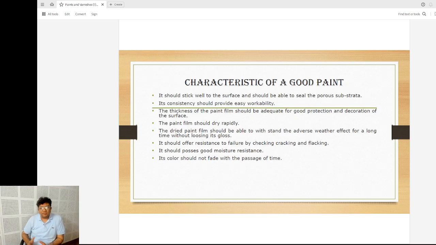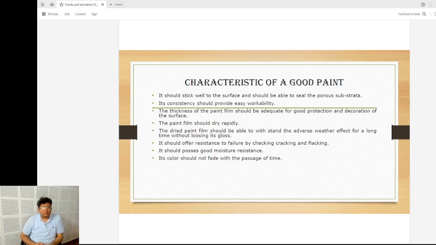So the difference in temperature is very high. To withstand that, the paint should have the quality to withstand these adverse weather effects.